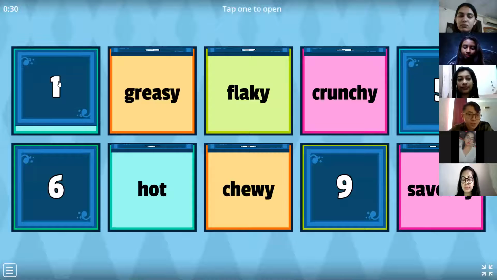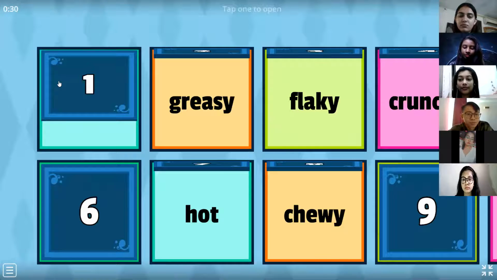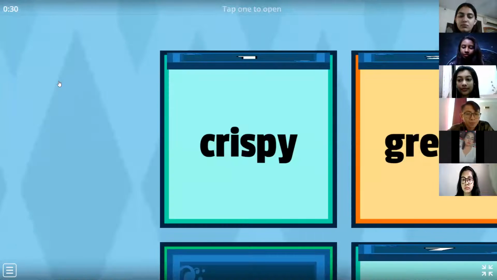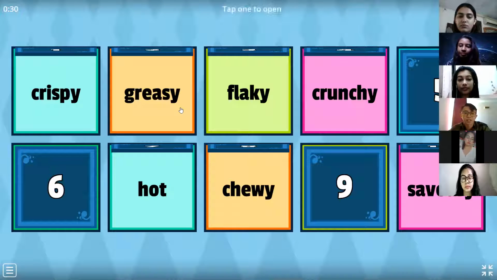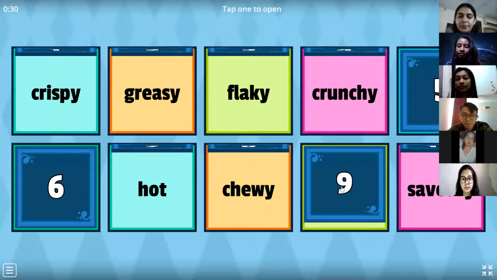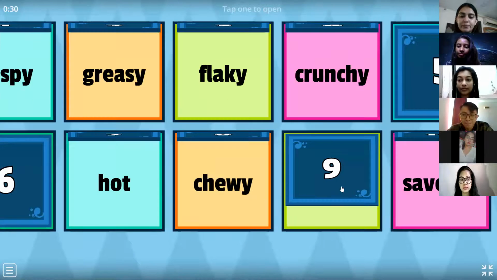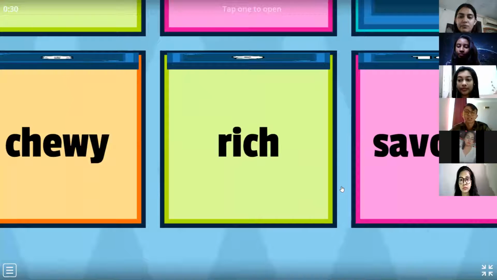Box number 1. It's crispy. And group 8, which box will you choose? Number 9. Rich. That's the food texture that you get.